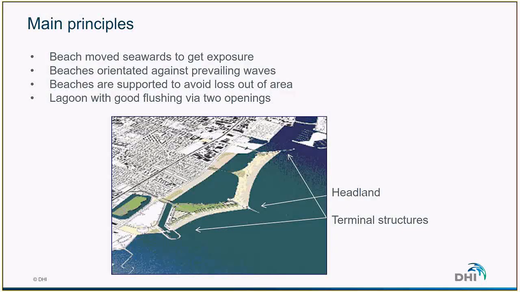So instead of having a plain beach with sand everywhere, we simply have a narrow beach, and we use the remaining space to construct a lagoon, which is going to be used for recreational activities and which is also protected from the waves, which is good for swimmers, for instance.